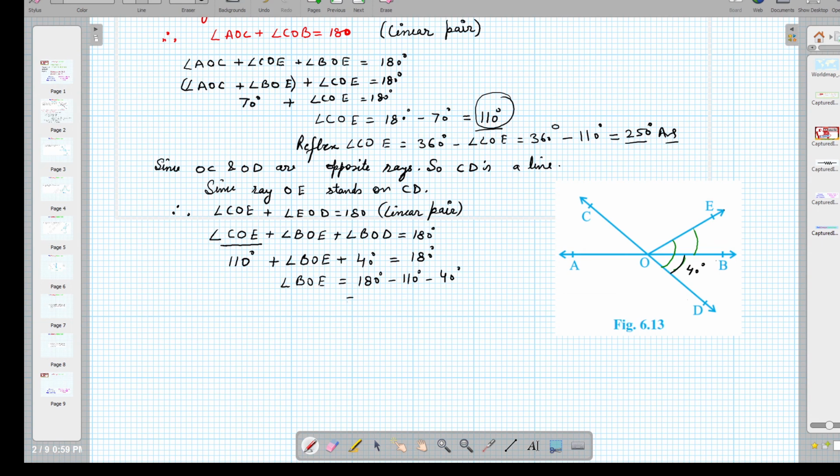If we subtract it, 30 degrees is left. So this is BOE. And so we are able to get our second answer. First, reflex COE we had to find, which we found to be 250. So that is the answer for this question.